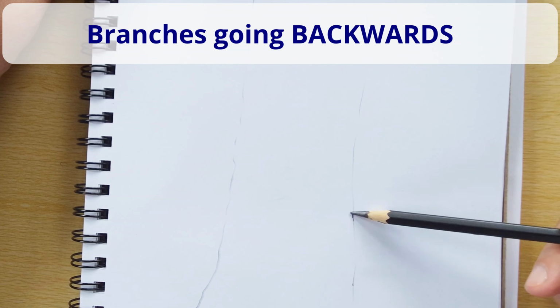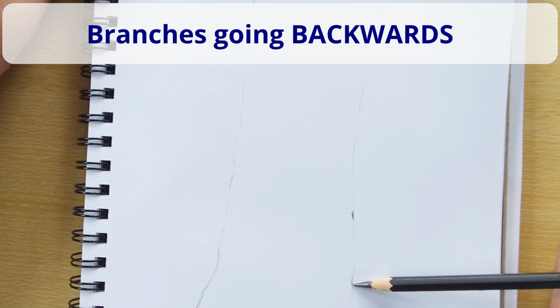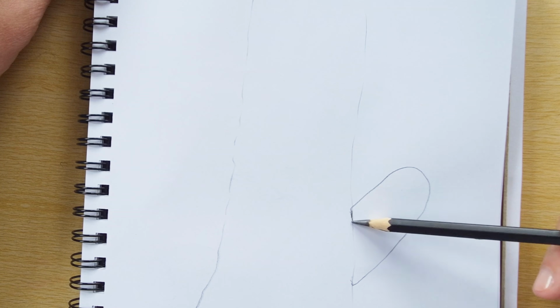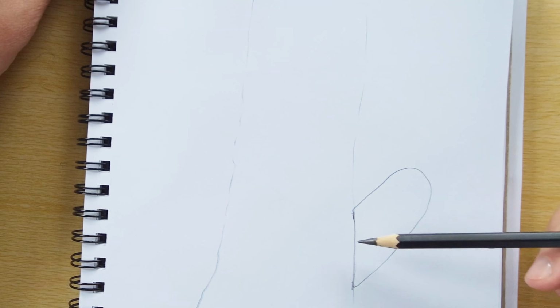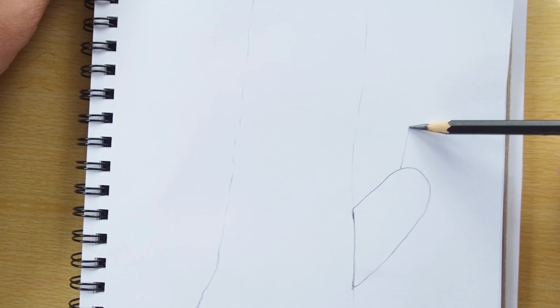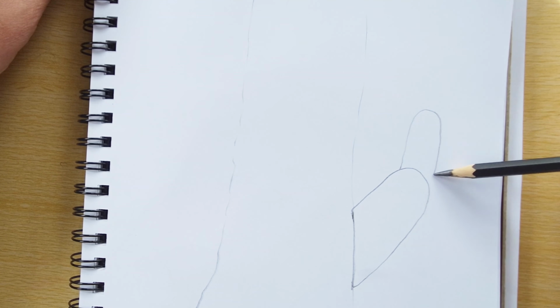We'll start here lower in the tree, and we'll make a section like that. Now, the one thing you do have to remember is when branches recede into the background, they will get smaller. So my next section is going to be smaller.